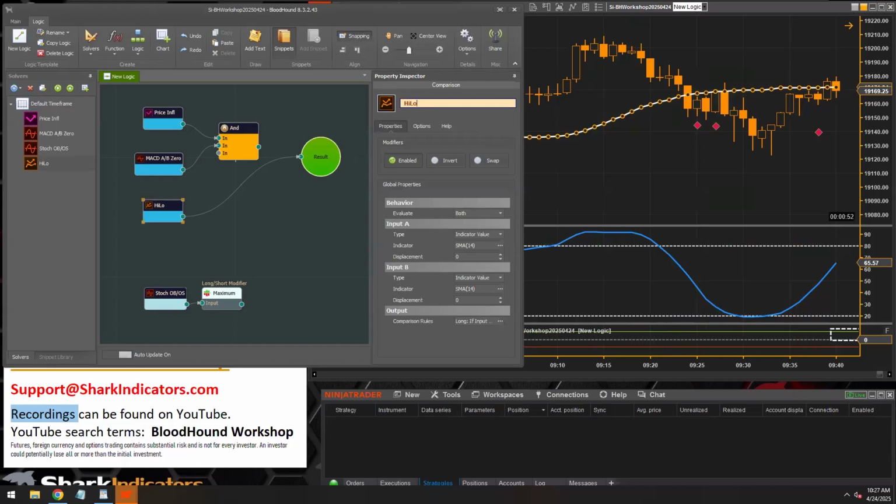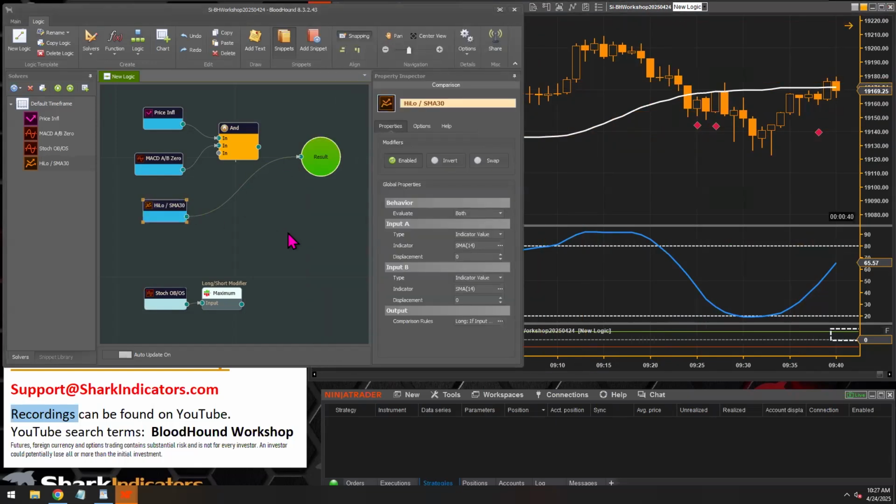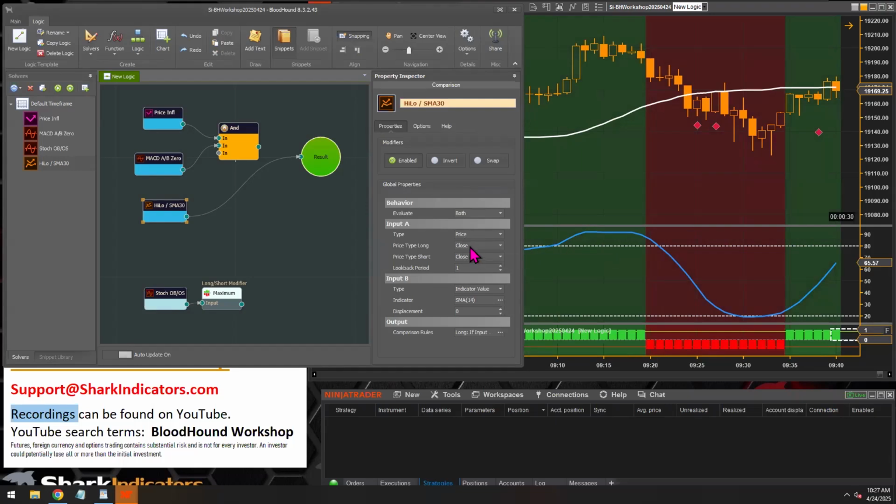So we're going to be looking at the high and the low price at the same time and comparing that to our SMA 30. Yeah, I think this is a 30. Yes, okay. So input A is going to be our high and low price there. There we go. We'll set it to price. And so let's see here.